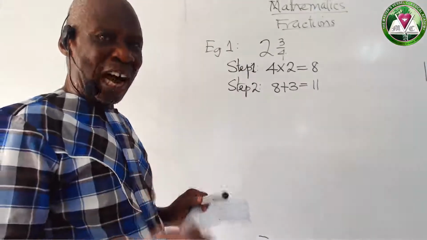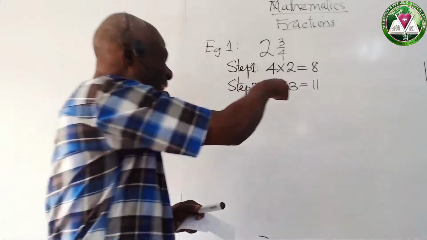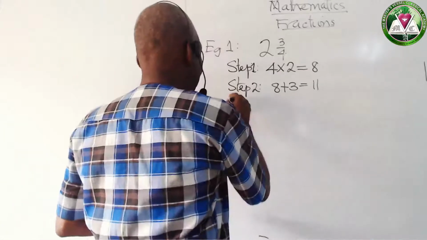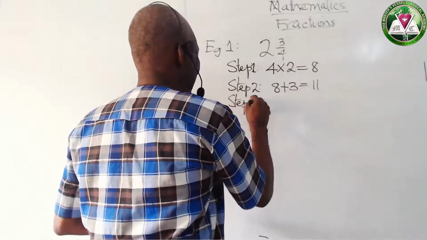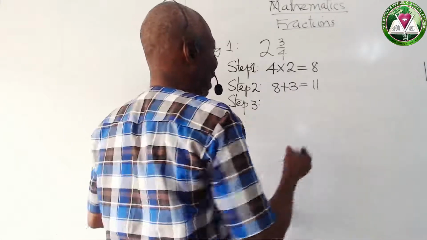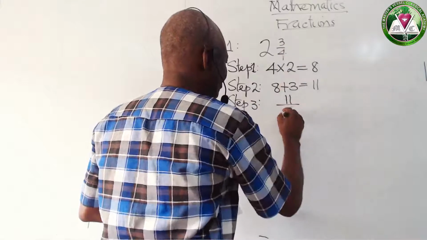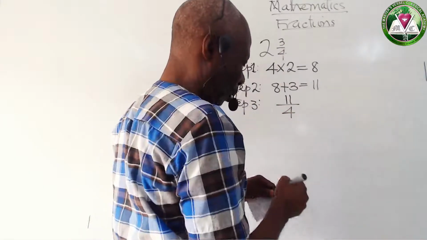Remember, we are looking for an improper fraction. So is this last answer now? Step 3. We write the whole improper fraction now as 11 over 4.